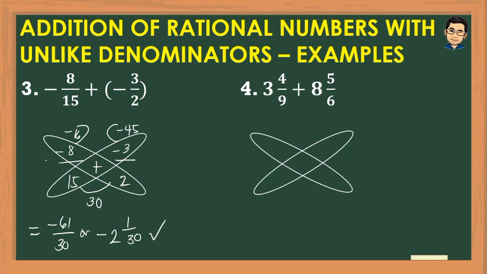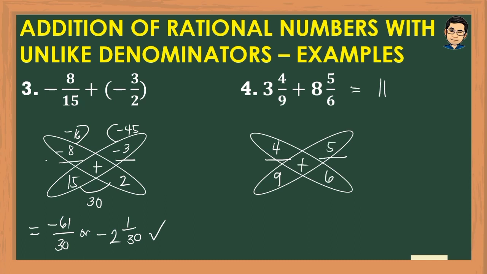Next, 3 and 4 over 9 plus 8 and 5 over 6. So, para mas madali, i-add lang muna natin yung mga whole numbers. So, 3 plus 8, 11. So, set aside natin yung 11 and then sulat natin yung mga fractions. 4 over 9 plus 5 over 6.